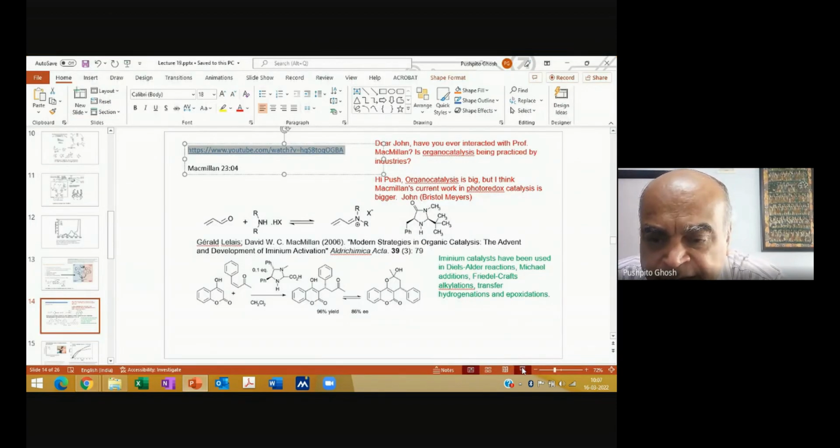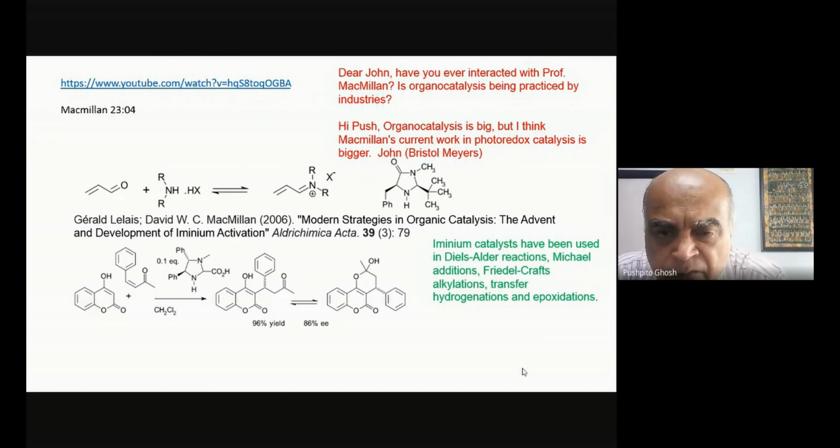This area of photoredox catalysis and generally catalyzing organic reactions with light is not a new concept. In fact, many of the things one does, many of the bromination reactions, etc., are actually catalyzed by light.